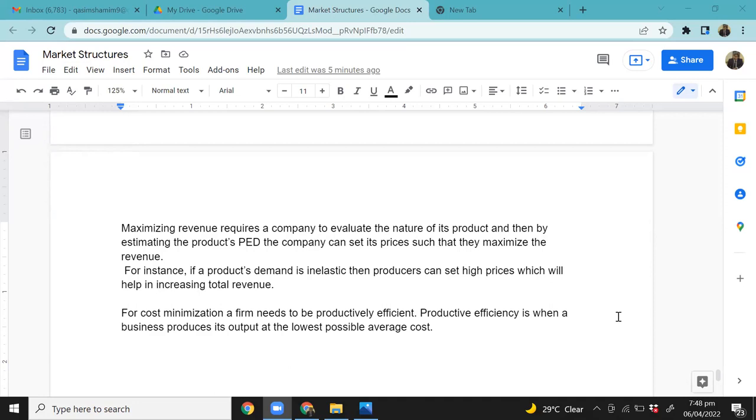Secondly, what you need to talk about is how a business can minimize its cost. For cost minimization, a business should implement all processes that are more efficient.